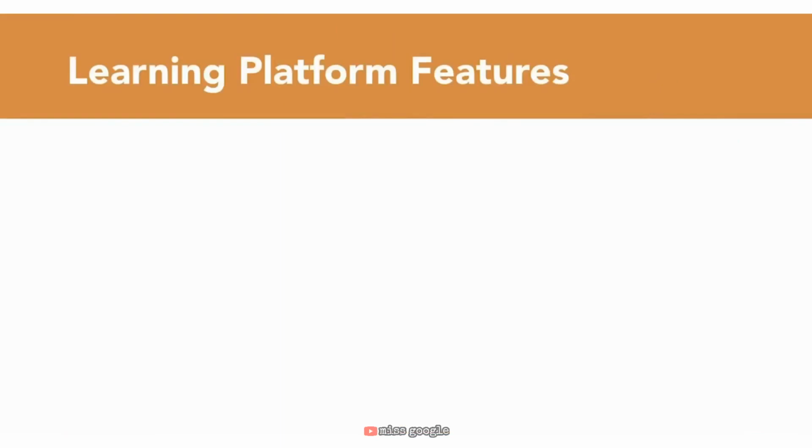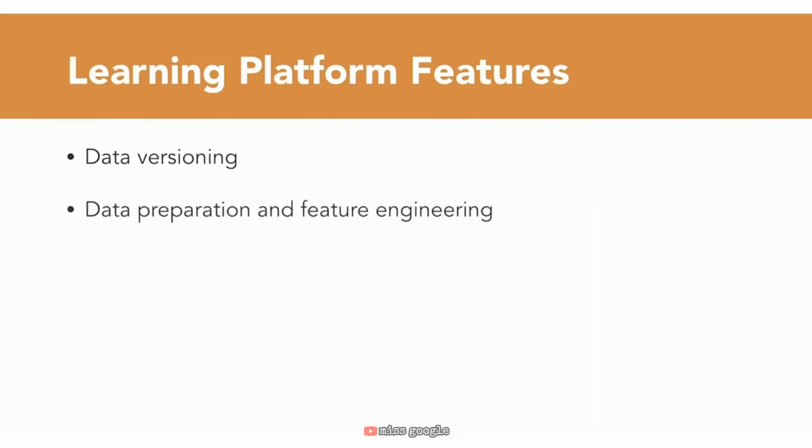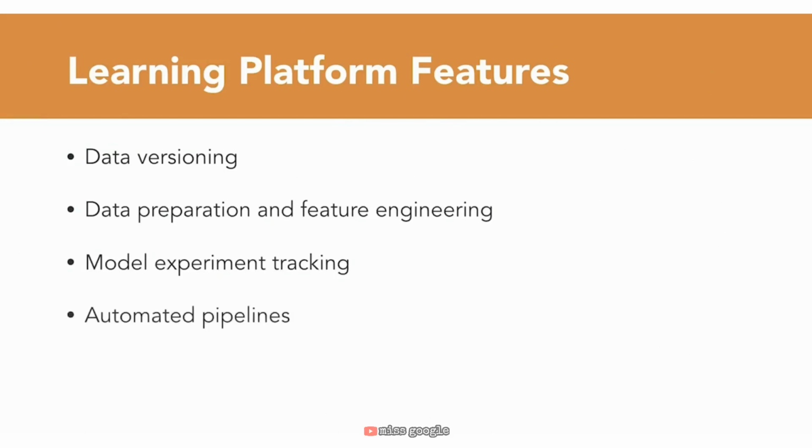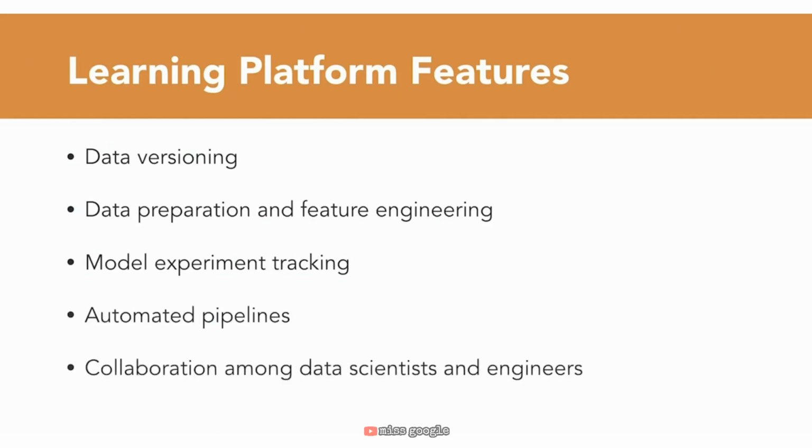This learning platform should take care of the following functions: data versioning to keep track of data and changes to it over time, automated and repeatable data preparation and feature engineering, creation of experiments, collaborating and keeping track of results and models from these experiments, automated pipelines to deploy new models to production and also roll back already deployed models, collaboration among data scientists and engineers to create, review, and approve work.